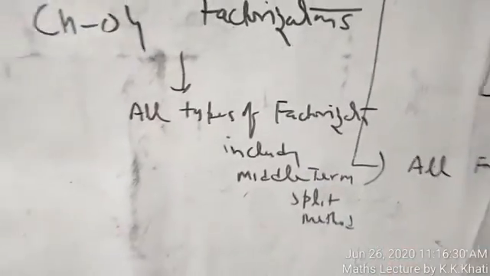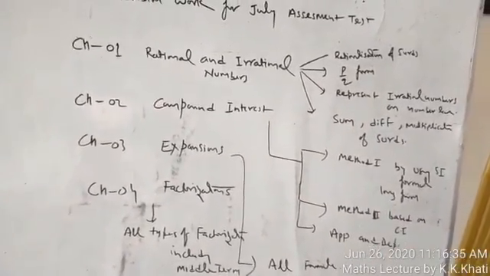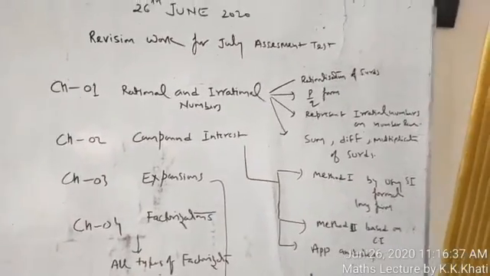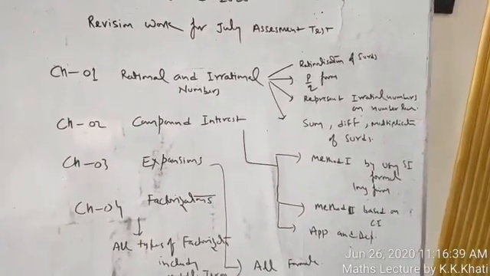So student, these are the things which we have to discuss in these 4 chapters. One by one you see how we are going to revise chapters 1, 2, 3 and 4.